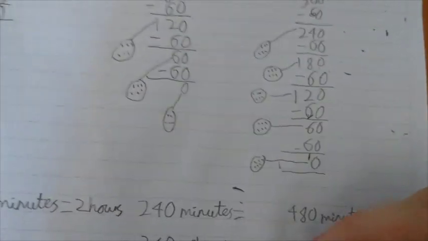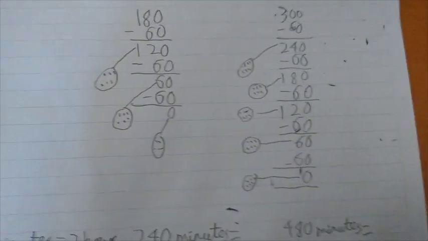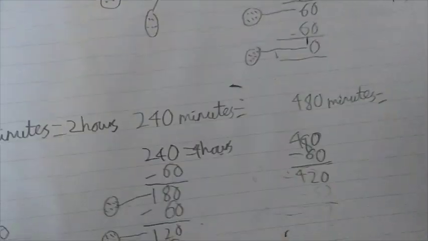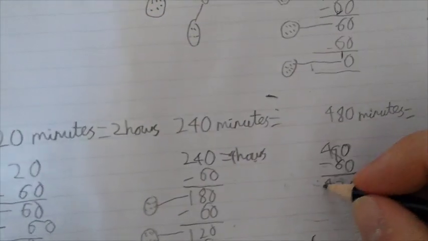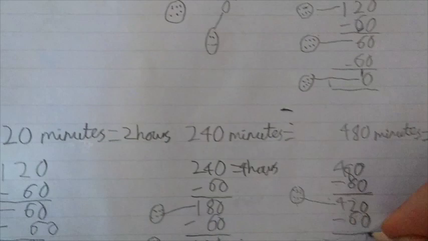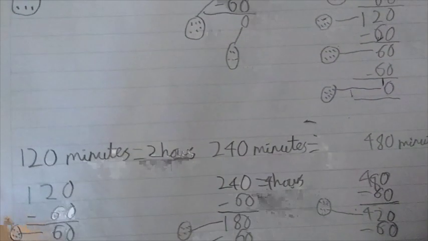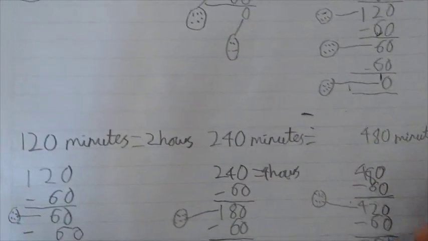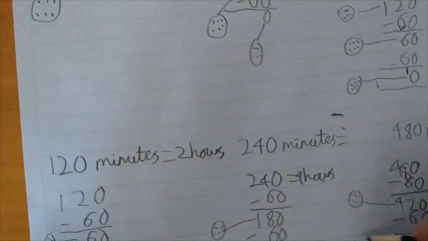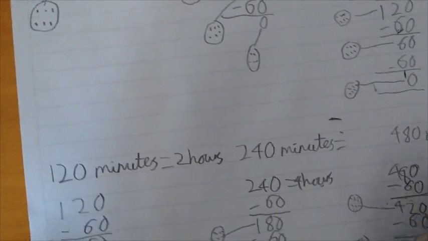So our final question is 480 minutes. So 480 minus 60 is 420. So that gives us our first hour bubble. Minus 60. 360. Second hour bubble.